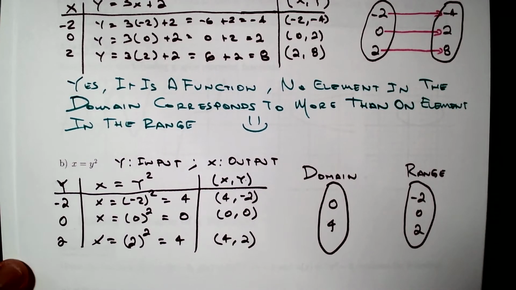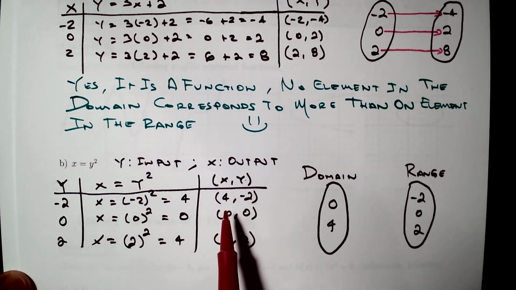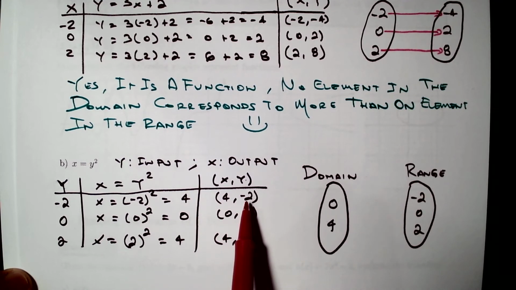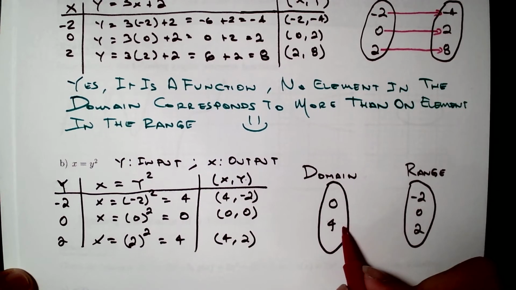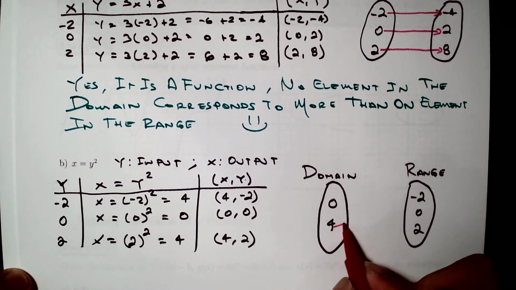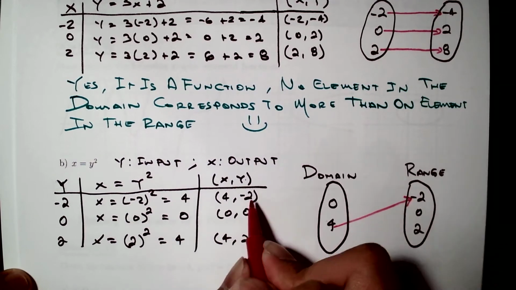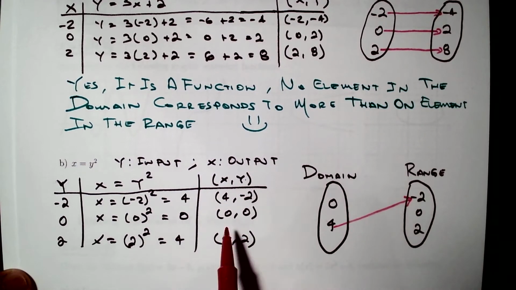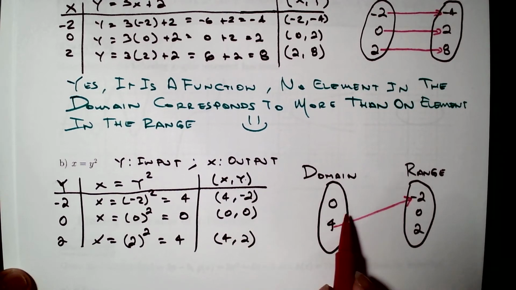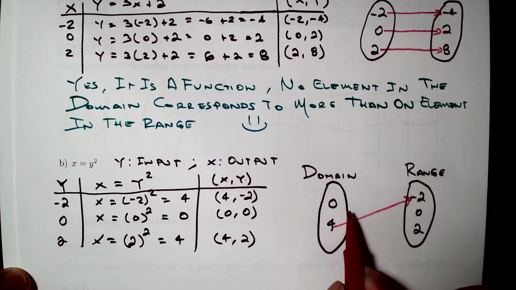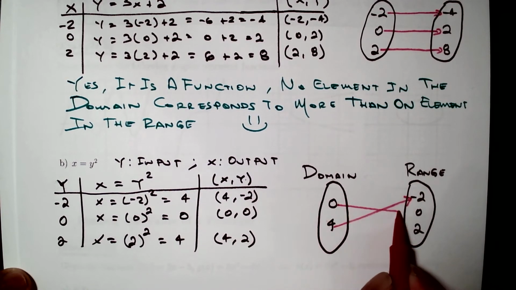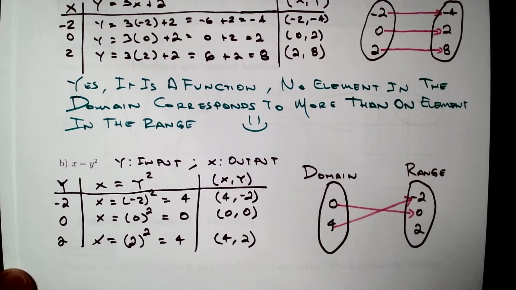Now let's study the correspondence of these values. For the first point, (4, -2), that is denoting the correspondence of the input 4 towards the output -2. The second ordered pair (0, 0) is denoting the correspondence between the input 0 and the output 0.